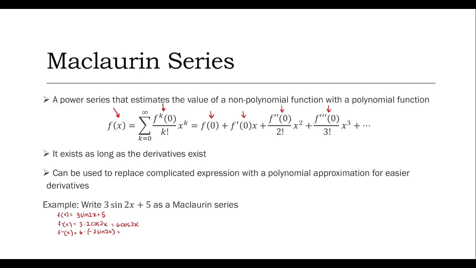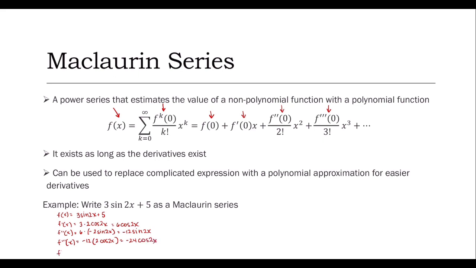So this equals negative 12 sine of 2x. Our third derivative is going to be negative 12 times our derivative of sine of 2x, which is going to be cosine 2x times 2. So that's negative 24 cosine 2x.